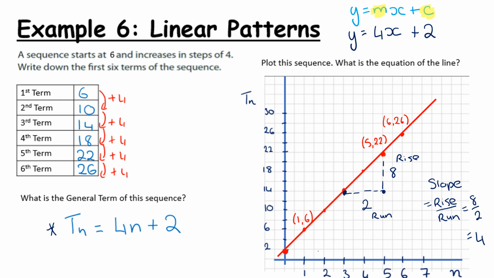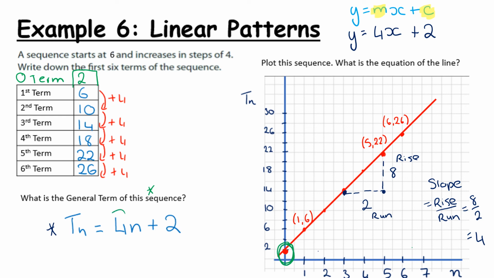So I did say that I'd show you a little bit of a shortcut that I do when I'm getting the general term of this sequence. And what I do is I go back to the 0 term. And if we think in terms of the graph, the 0 term represents this. So it's representative of the y-intercept or the constant. So we would go back 4 spaces, which will give this as a 2.